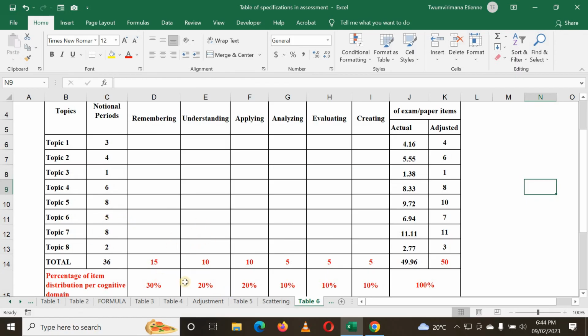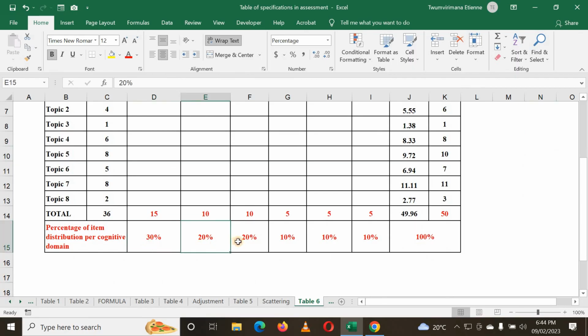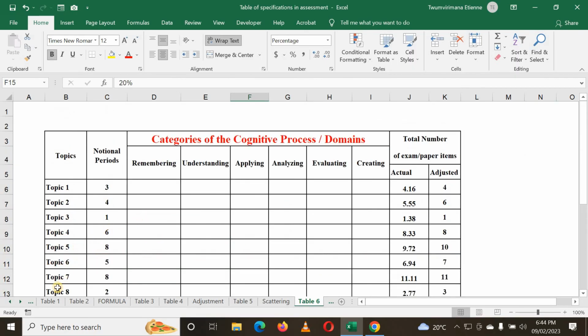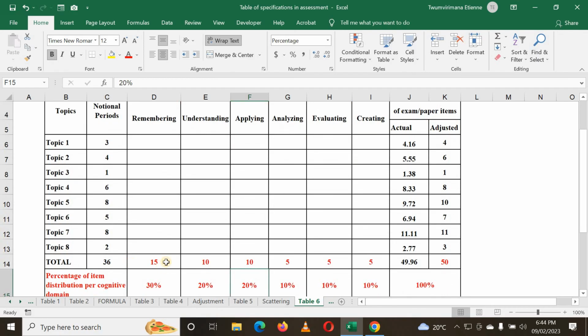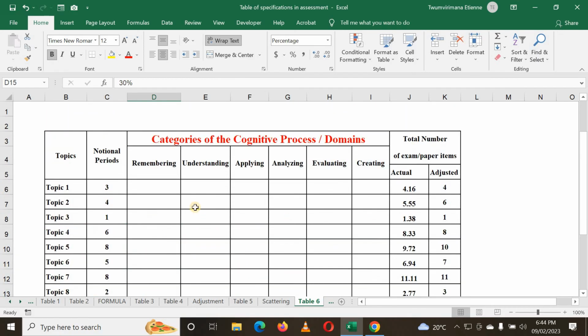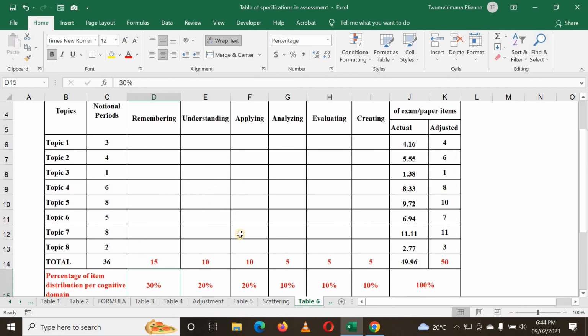Now we are going to put the percentages. Here you put the percentages that we have had from the beginning: 30 for remembering, 20 understanding, 20 applying, 10 analyzing, 10 evaluating, and 10 creating.